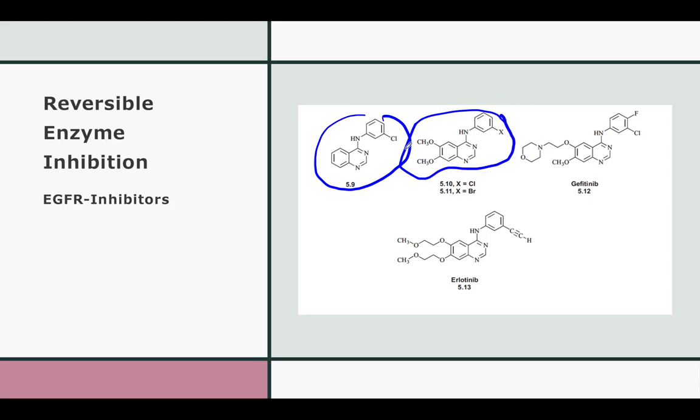So at the same time as AstraZeneca was doing the screening, the other company also were doing the screening, and they came up with very similar structures, as you can see, very similar structures. So these structures then were improved upon to give gefitinib and erlotinib, which are EGFR inhibitors.